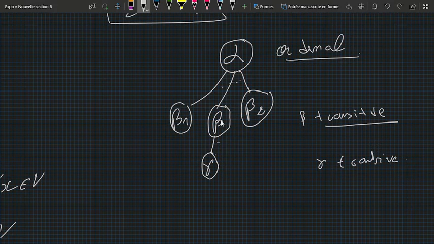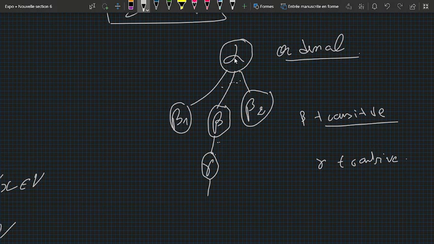We must prove that beta is transitive. Beta is transitive by the definition of ordinality of alpha.